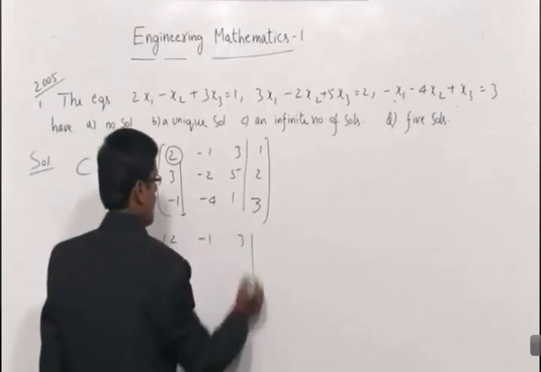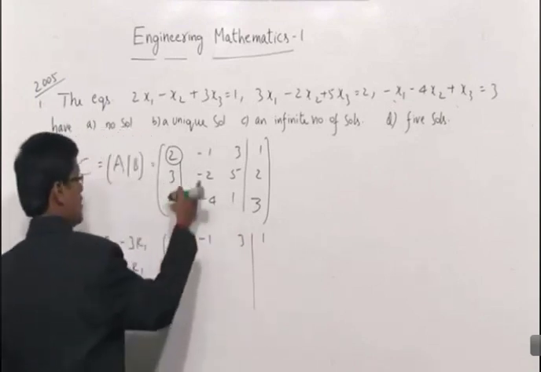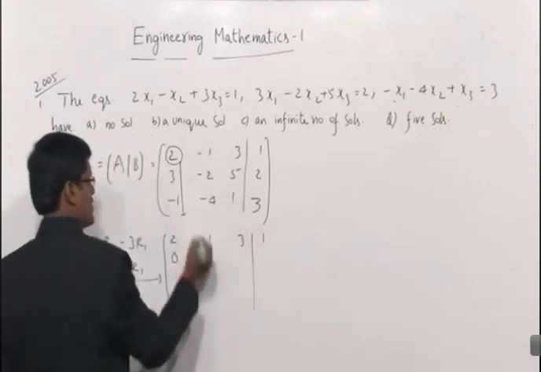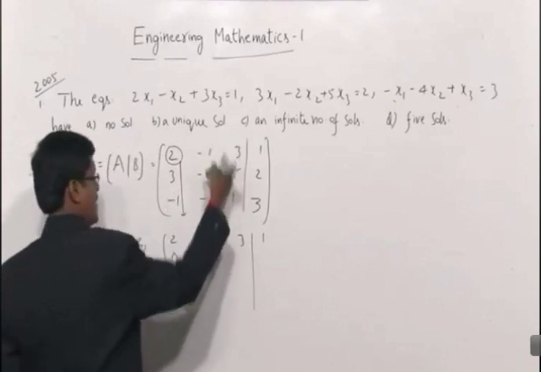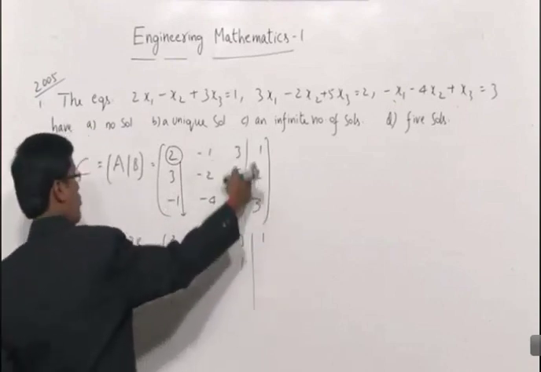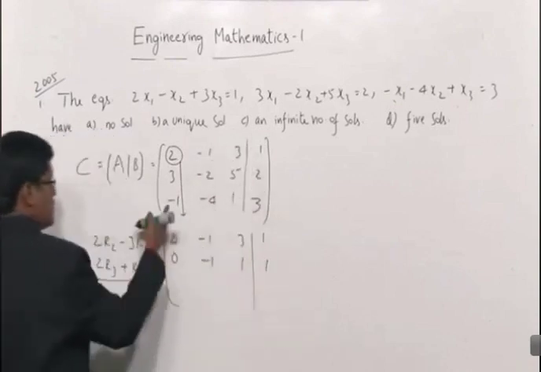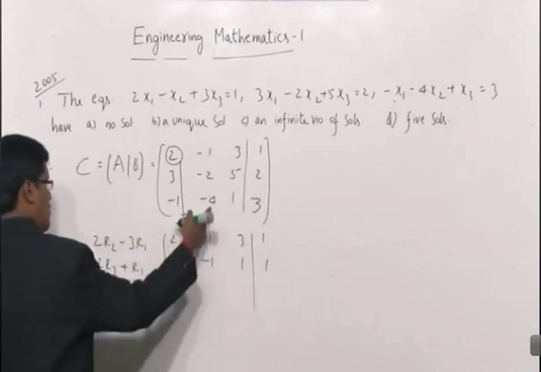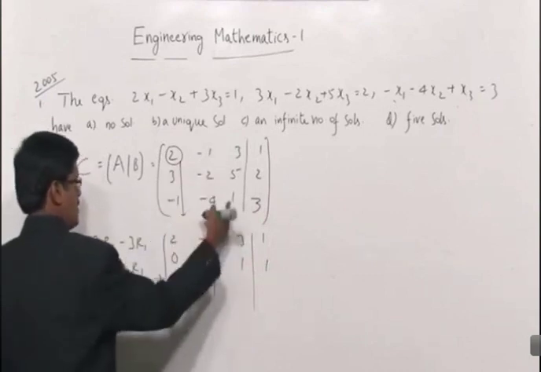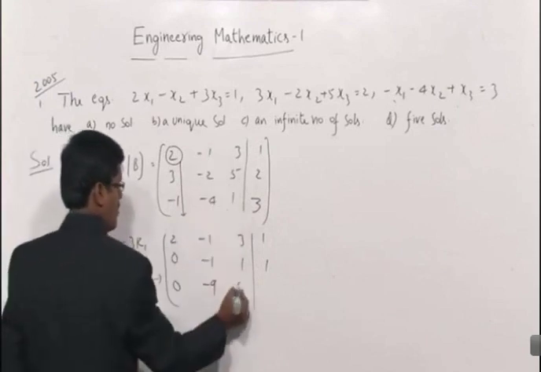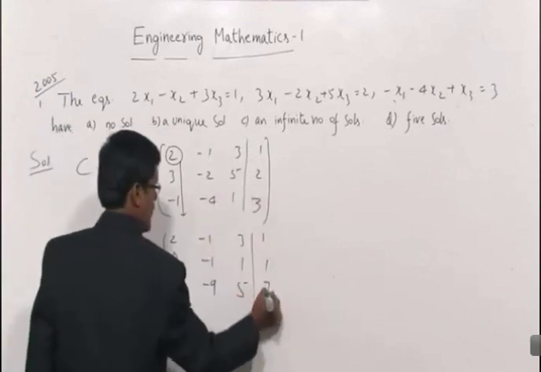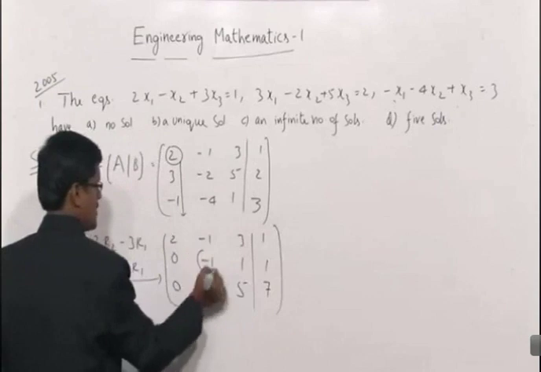Okay, 2 minus 1 3 1, 0. This becomes minus 4 plus 3 minus 1, 10 minus 9 plus 1, 2 into 2 is 4 minus 3 plus 1. Next, this becomes 0, minus 8 minus 1 is minus 9, 2 into 1 plus 3 is 5, and 2 into 3 is 6 plus 1 is 7.